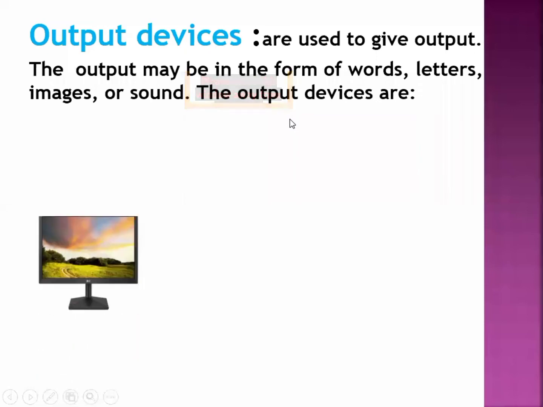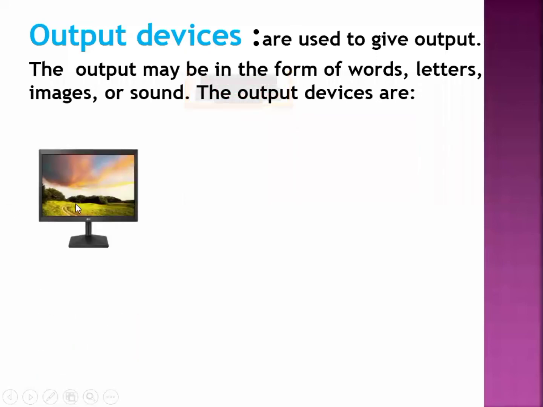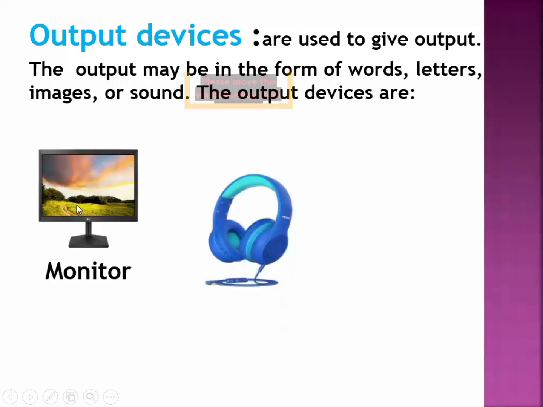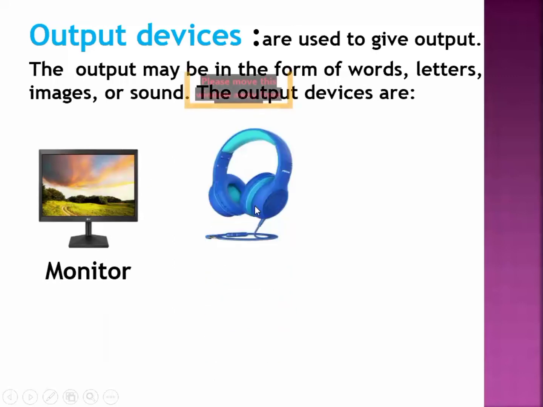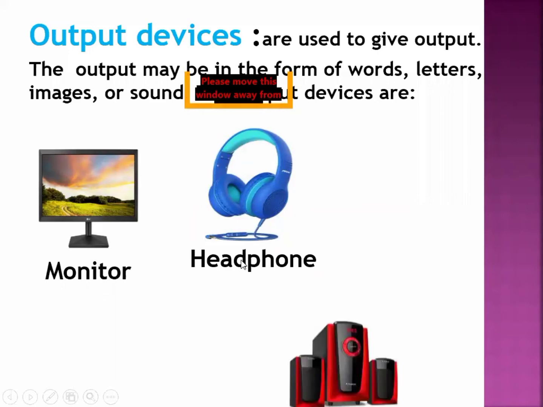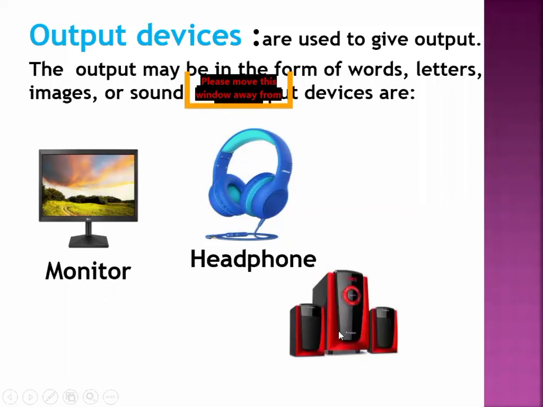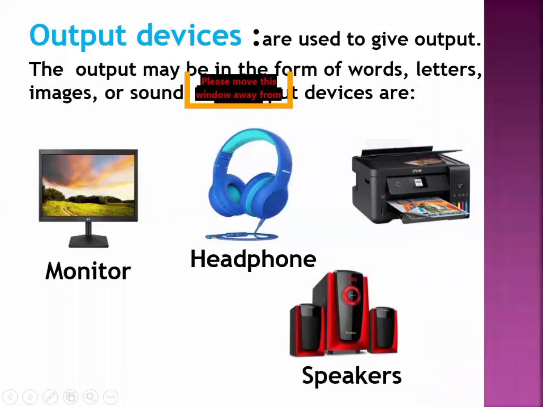The output devices are, what is this? This is a monitor. What is this? This is a headphone. Headphone is an output device. And others, what is this? These are speakers. Speaker is also an output device. What is this? This is a printer.